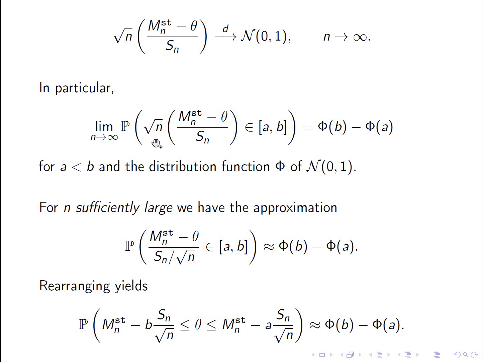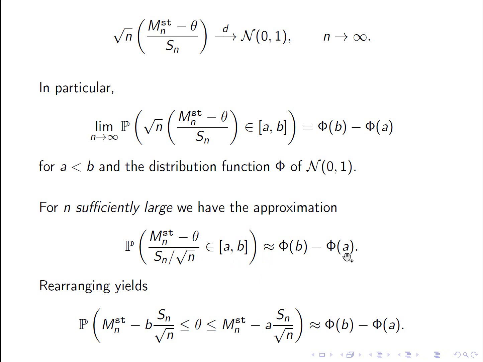So if n is sufficiently large, we can drop the limit and replace the equality sign by an approximation sign. So this probability is approximately phi b minus phi a.